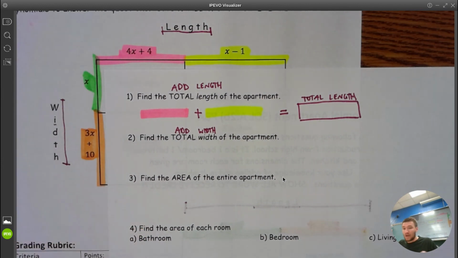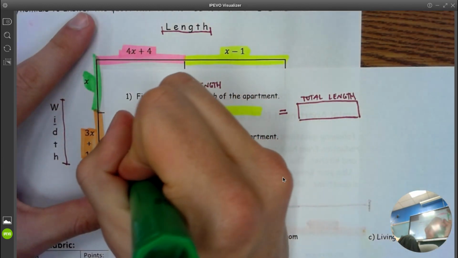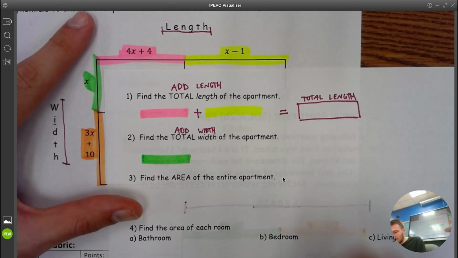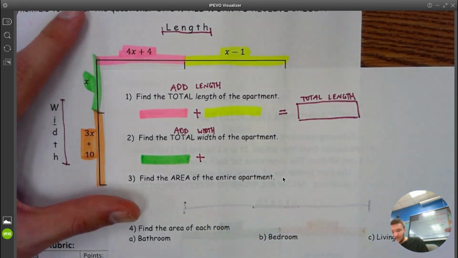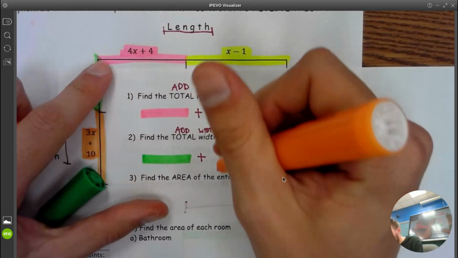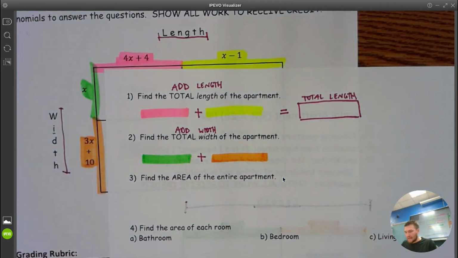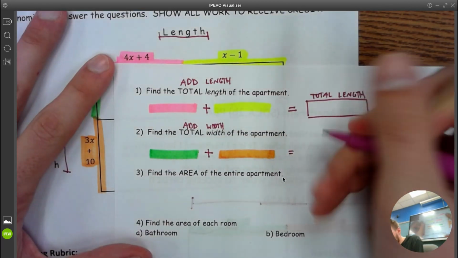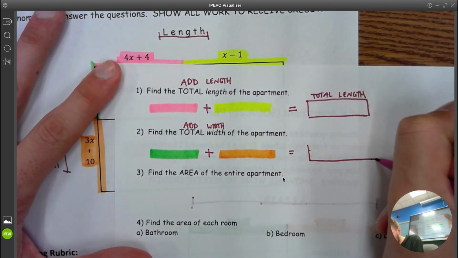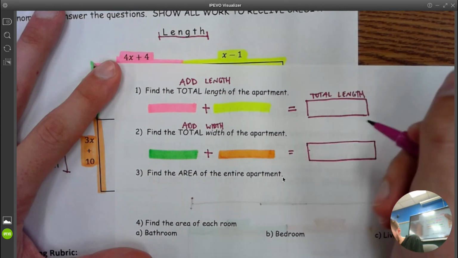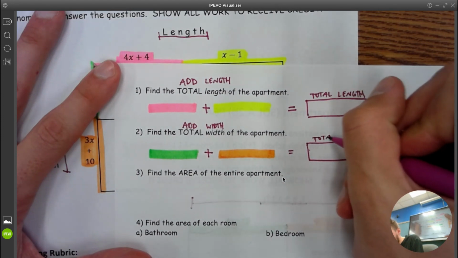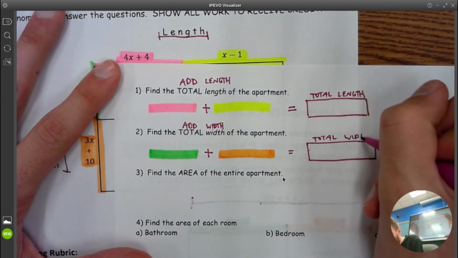That's going to be the 2 colors of green and orange. Green in particular is a very easy, just the x. And once you add these together, remember you should get an answer. That answer is going to represent the total width.